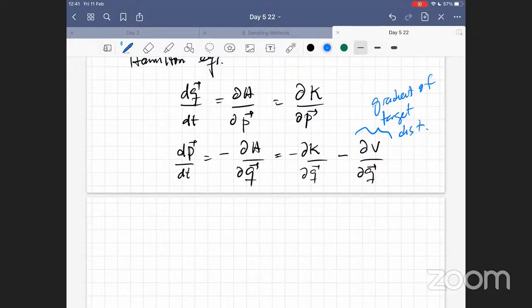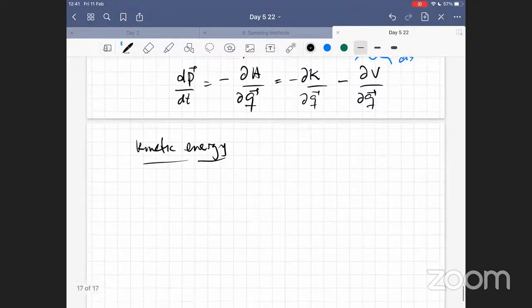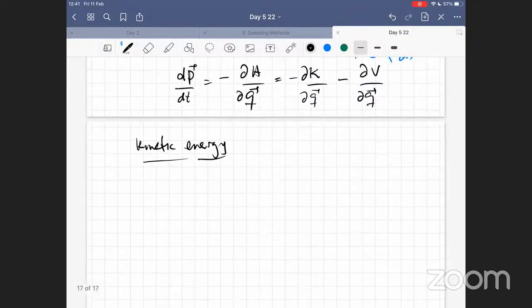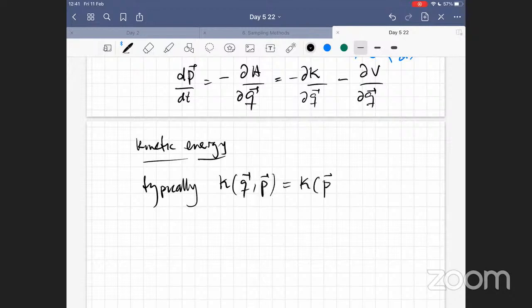So what if the kinetic energy is like a sort of arbitrary? So what do you choose? So I tell you here about typical choices for the kinetic energy. So typically, this kinetic energy, which a priori actually depends on both variables, is chosen to be only depending on the momentum.